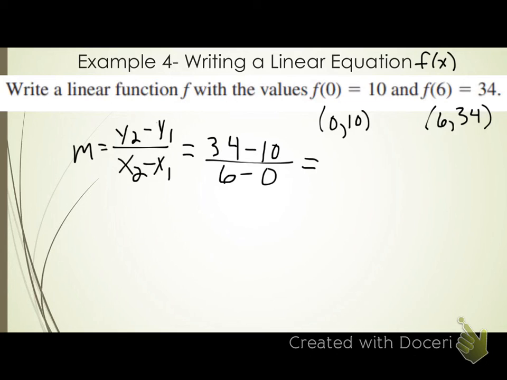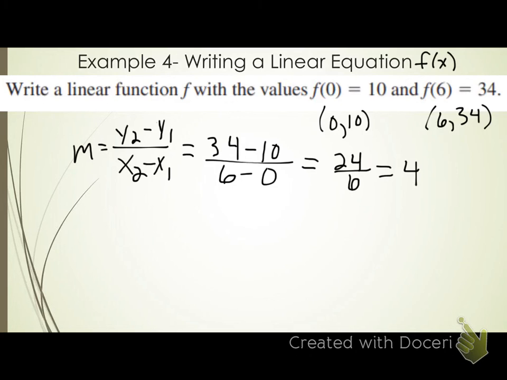Hopefully you guys are going to be very, very good at plugging into the slope formula because we're going to do it a lot. 34 minus 10 is 24. 6 minus 0 is 6. 24 divided by 6 is 4. Any questions how I got my slope?